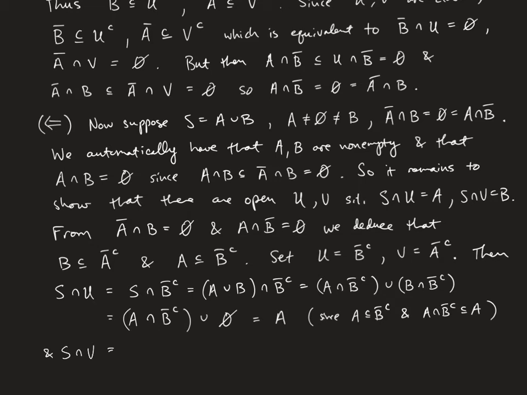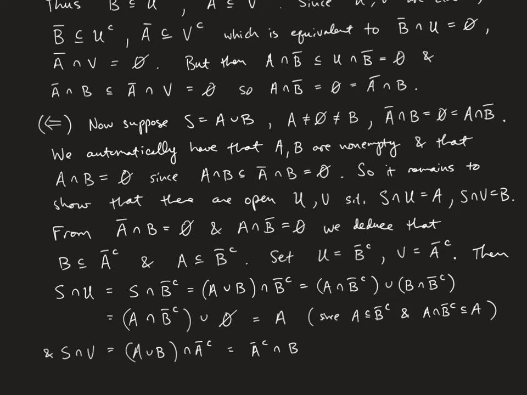S intersect V is going to be A union B intersect with the complement of A closure. That's just going to be the complement of A closure intersect B. We're just going to get the empty set from the other one.